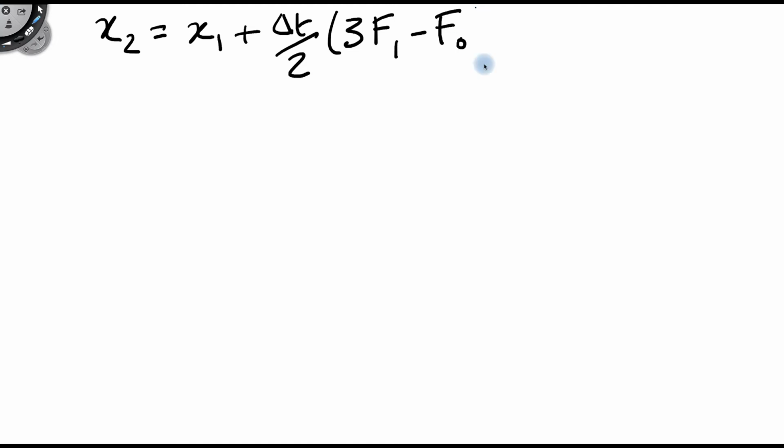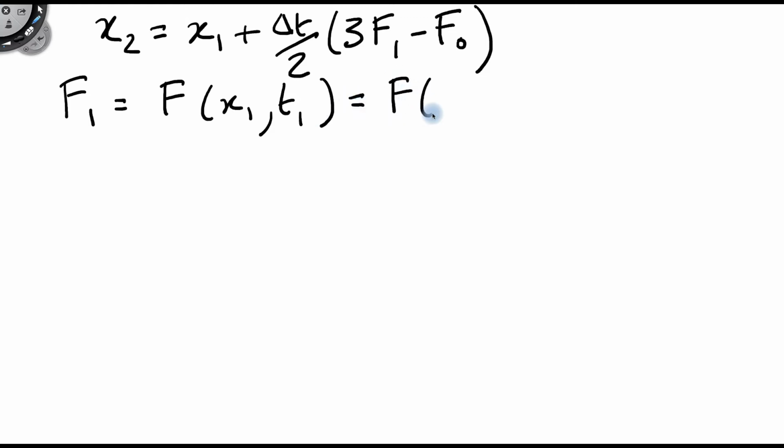And then we need to evaluate these two pieces. F1, which equals f of x1 and t1, is f of x1, and of course t1, since time starts at 0, t1 is simply delta t.